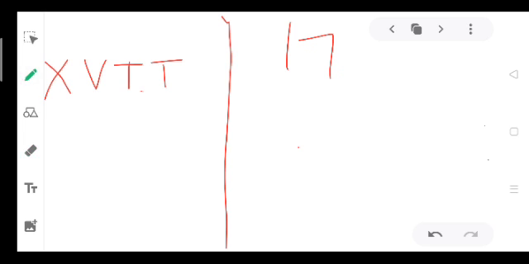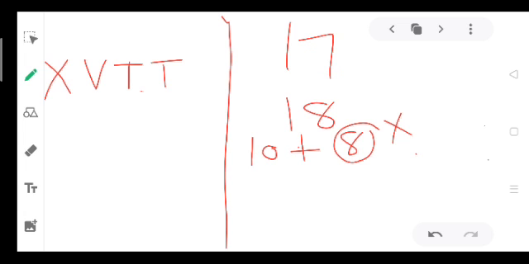18. Breakup, expanded form, 10 plus 8. For 8 we do not have any Roman numeral, so we will expand this. 8 is made up of 5 plus 3. So for 5 we have a symbol. Then 3, 1 plus 1 plus 1. So how can we write the Roman numeral for this?